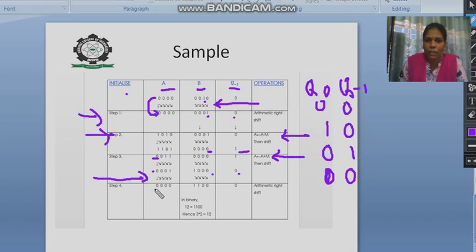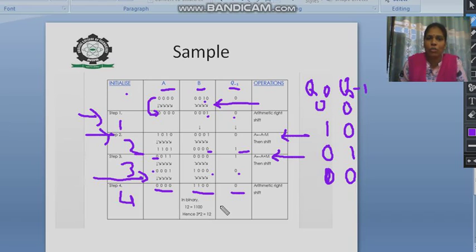After performing the arithmetic right shift, we have A with 4 zeros, Q, that is B, with 1 1 0 0, and Q minus 1 is 0. So after we have performed steps 1, 2 and 3, and since we have 4 bits to represent the number, we need to perform only 4 steps, and at the last, 4th step we get the result.